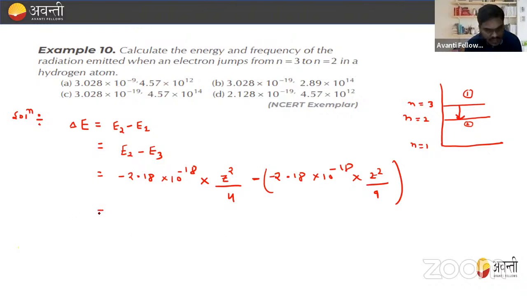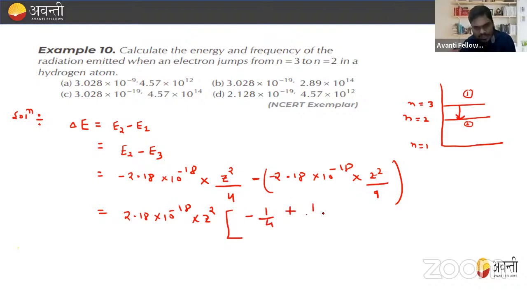Now we can take the common quantity out; the sign becomes plus. Taking 2.18 into 10 raised to the power minus 18 into Z square common, you are left with minus 1 by 4 plus 1 by 9.